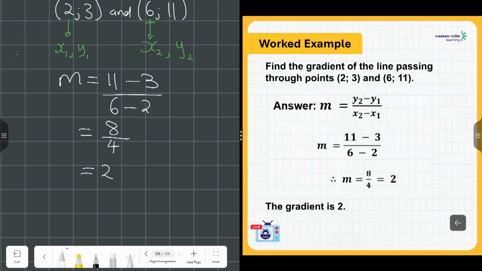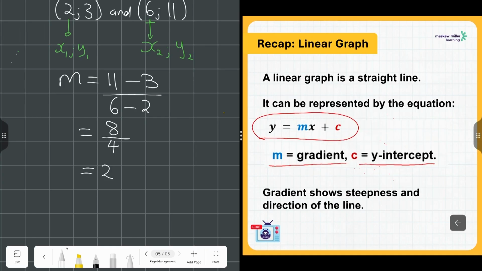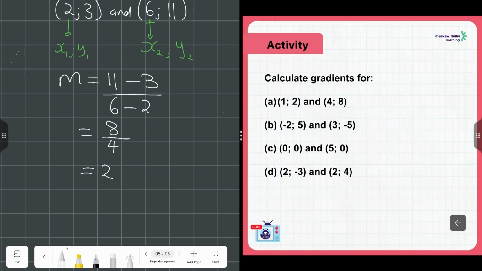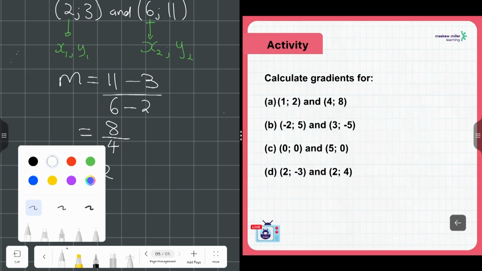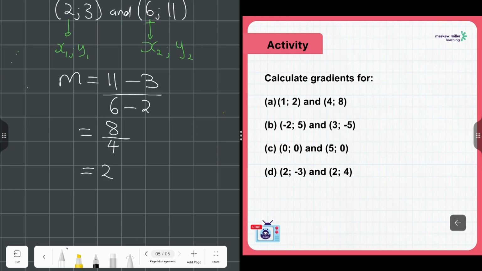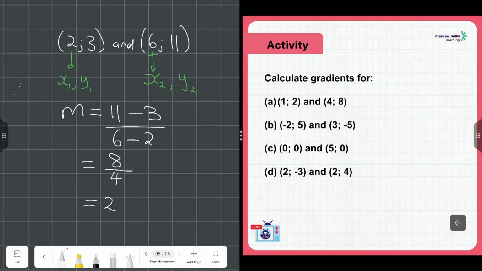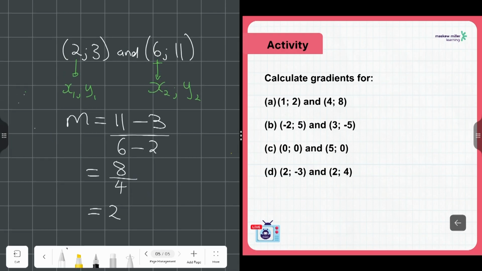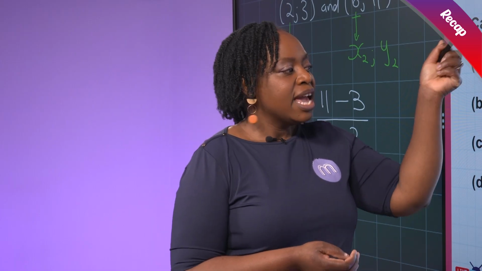So with that gradient being calculated, I've showed you how you can calculate the gradient with the points. I'm going to leave this together with these examples, the activity that we have here, because I want you to try and calculate.